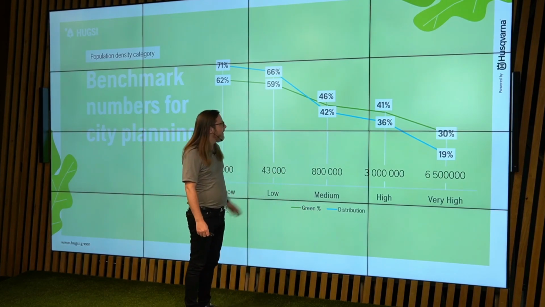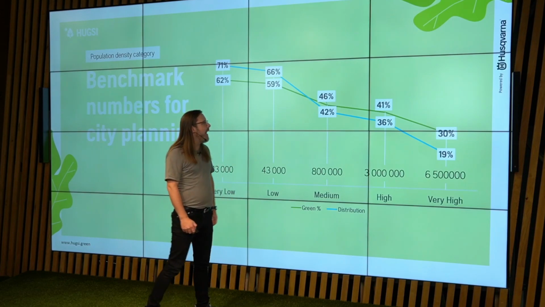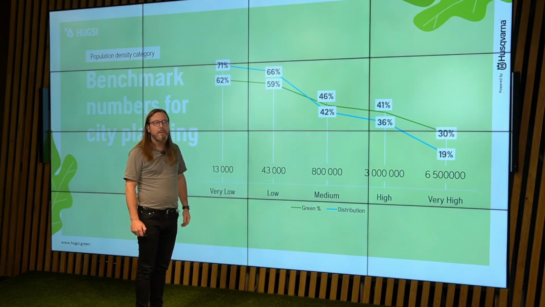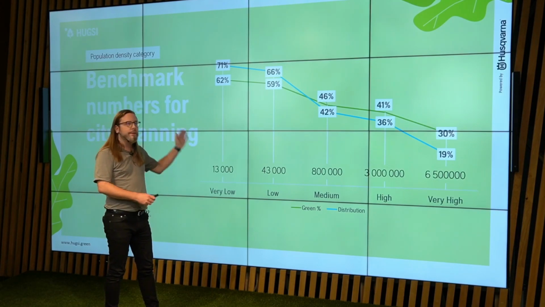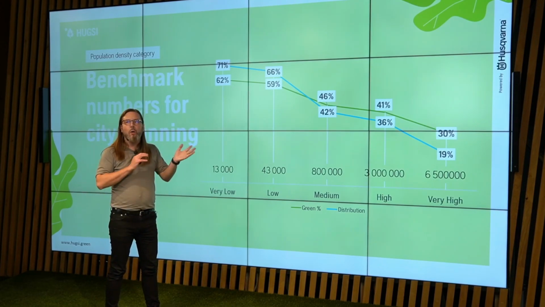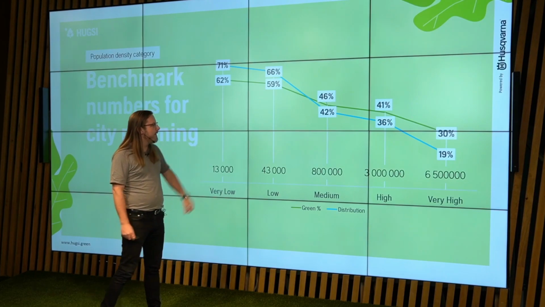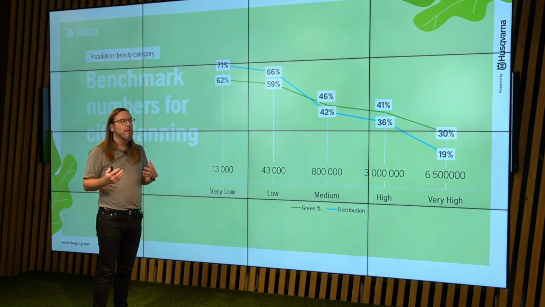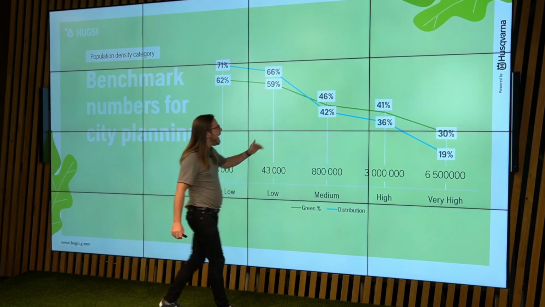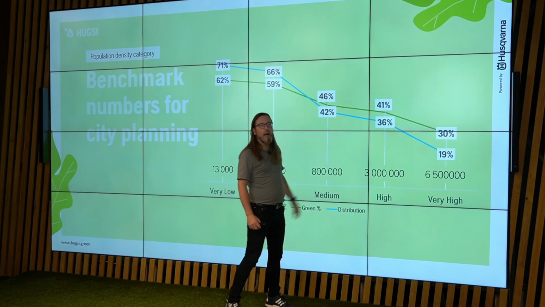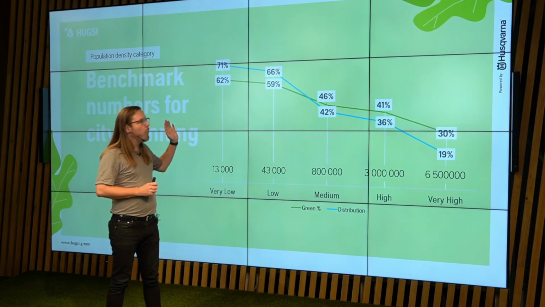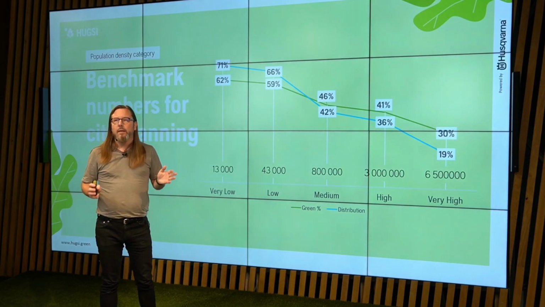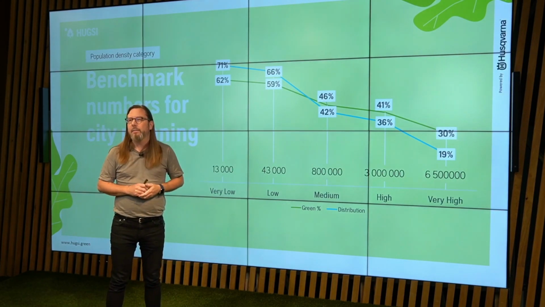That's where we can see this line when the lines are crossing. So this is a great tool for you to look at your city, which category you're in, how you can benchmark with these cities, how you can find a plan for pushing the blue line above the green line, because I truly believe that having well-distributed green beats more green, probably.